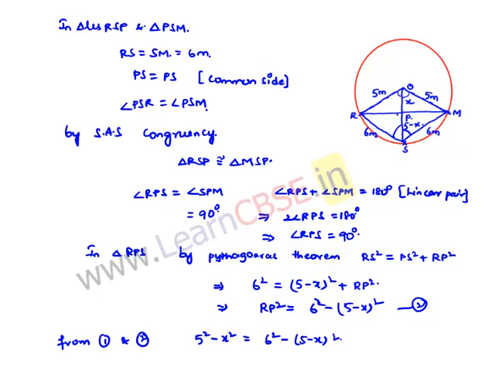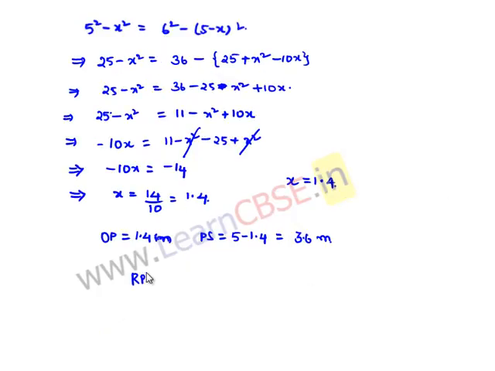We know that RP square is equal to 5 square minus x square, which is 25 minus 1.4 whole square, that is 1.96, which is equal to 23.04. That implies RP is equal to the square root of 23.04, which is 4.8.